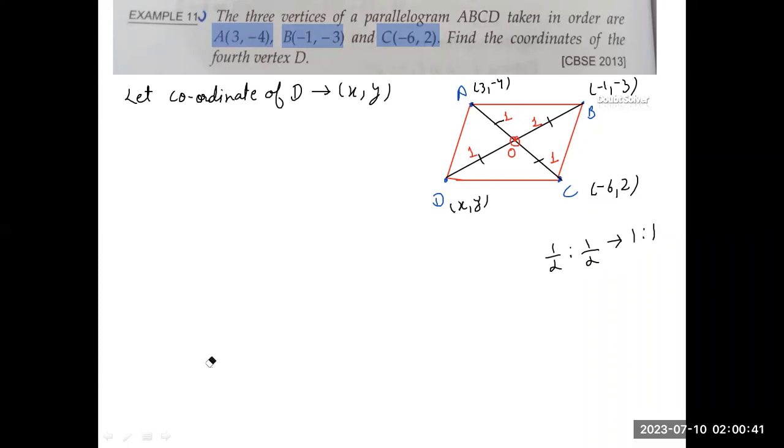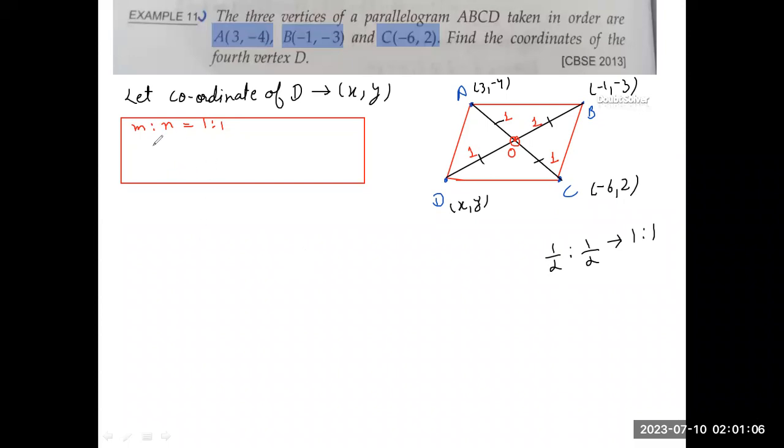One more formula I want to introduce over here is the midpoint formula. In the section formula, when m and n are in the ratio 1:1, that is, whenever a line is being divided into two equal parts, the ratio goes to 1:1.